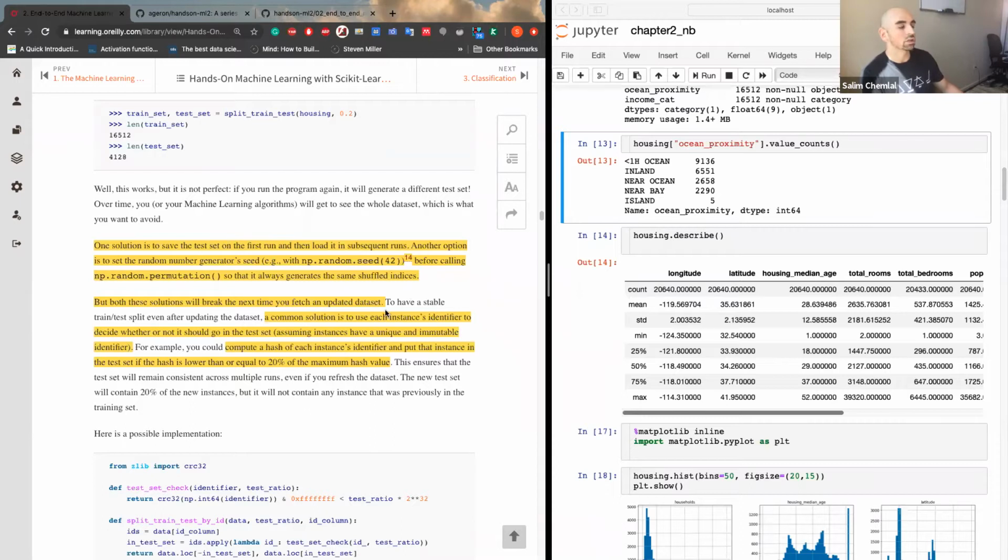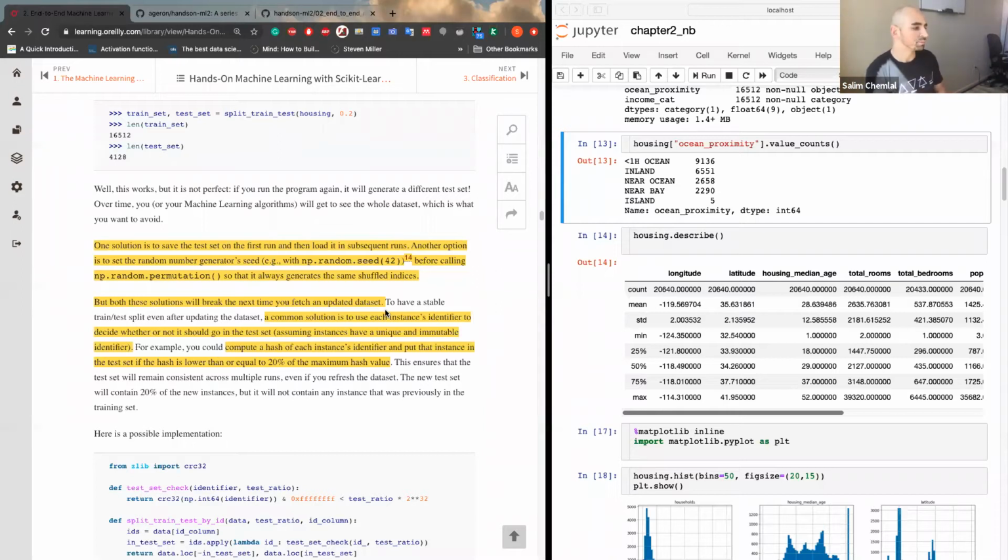And that's why here he's saying to use a hash function. Why use a hash function? Because even if you add more data, when you hash an identifier, an ID, the result of the hash function will not change. So it's fine.